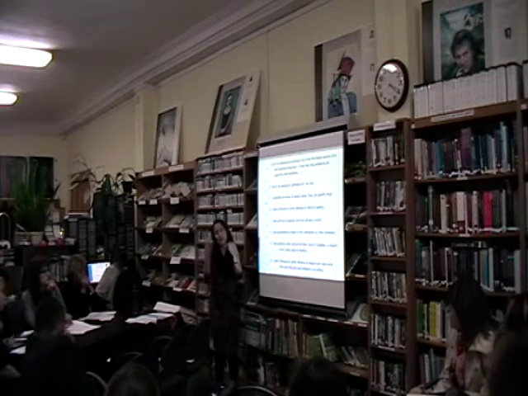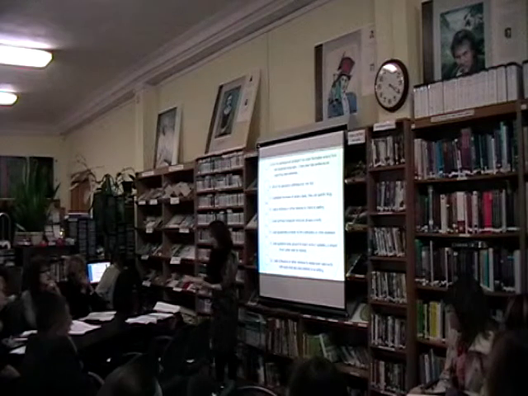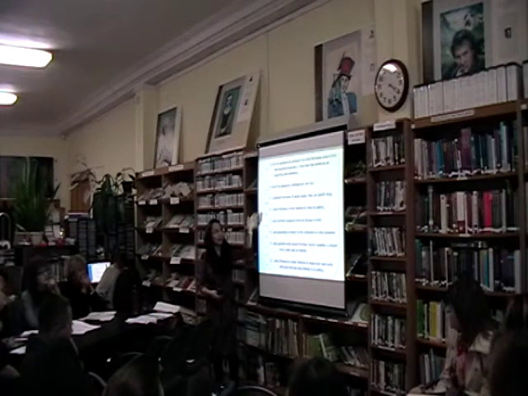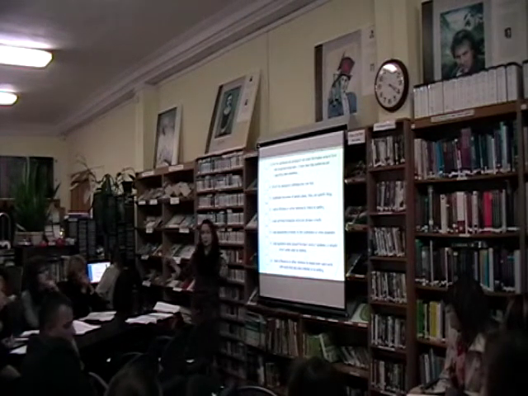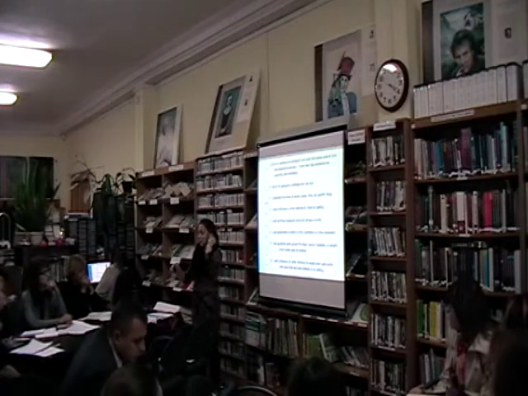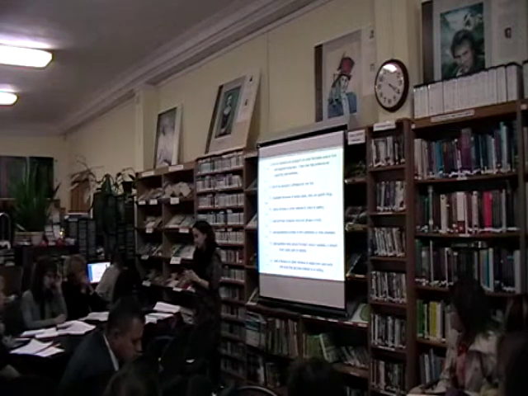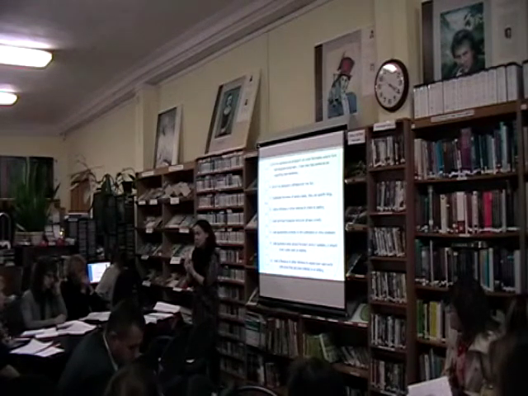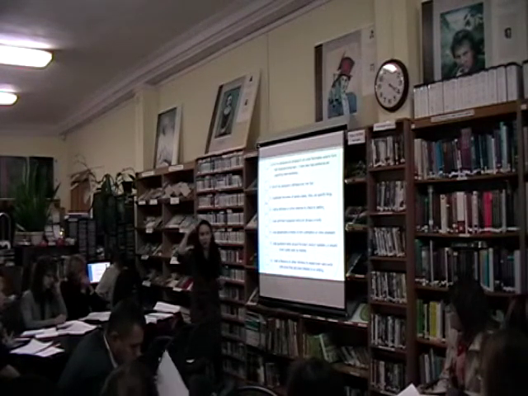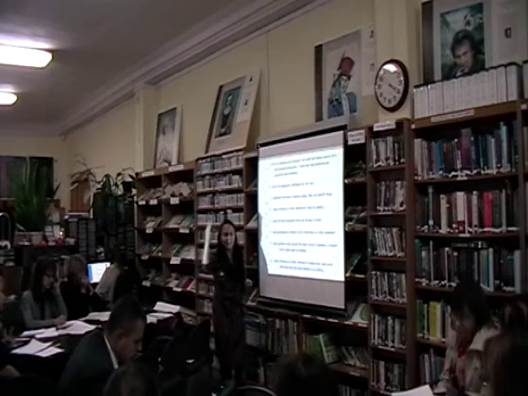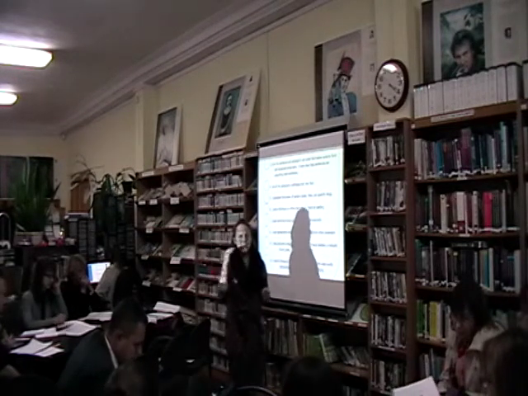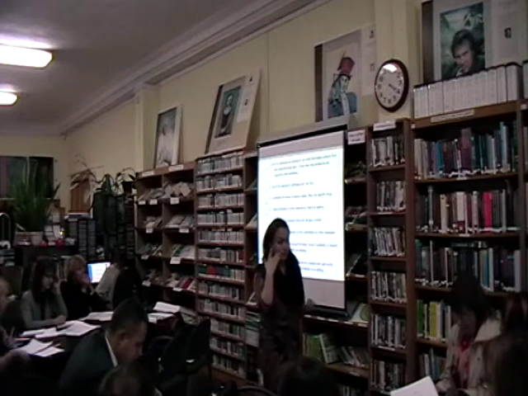Then the next step was obviously writing the first draft of their summary, and then using this to go through the first draft of the summary individually. So if you wouldn't mind just taking two minutes to go through all 10 of the different categories and check it against your summary.